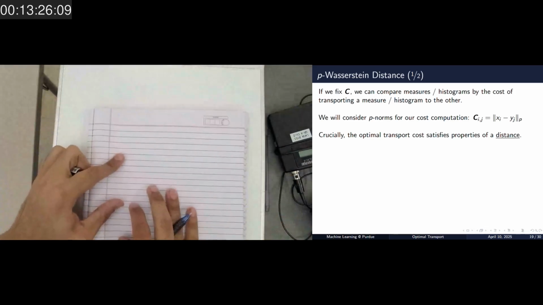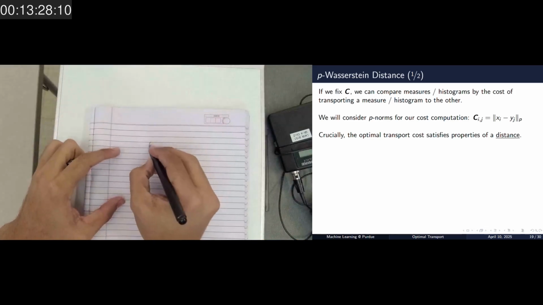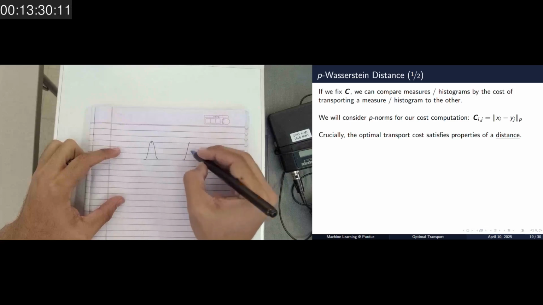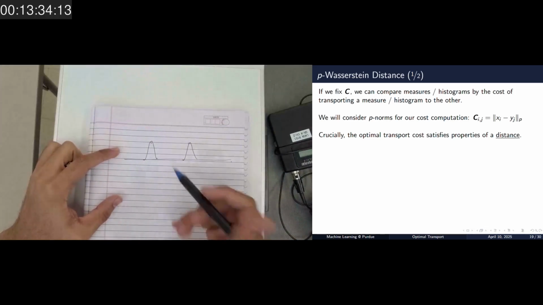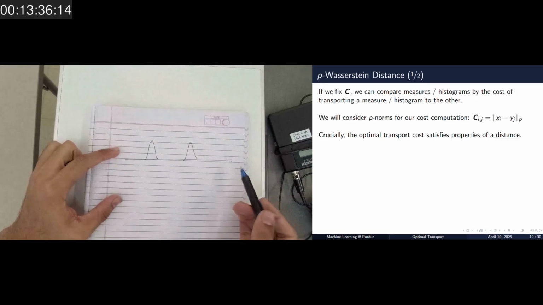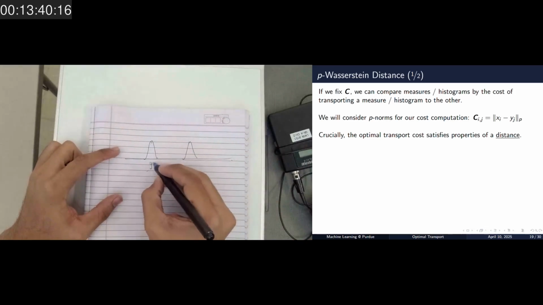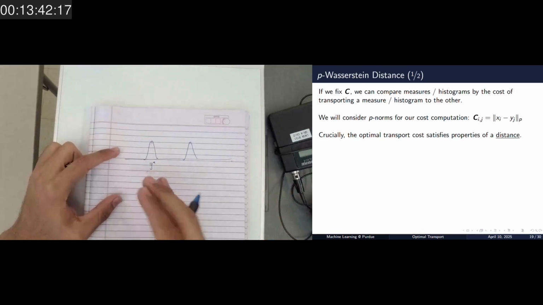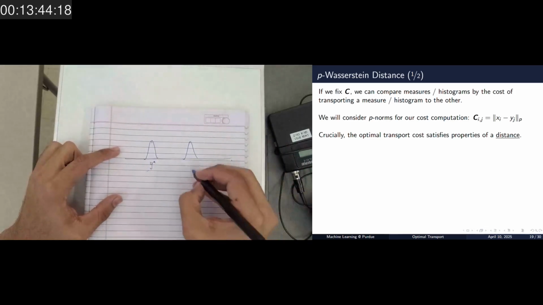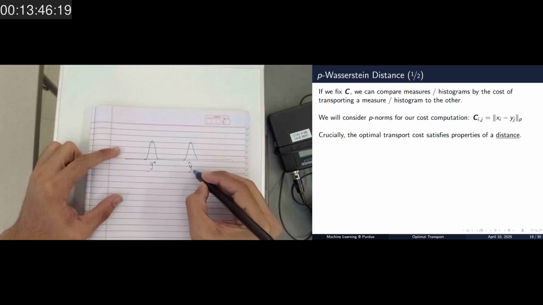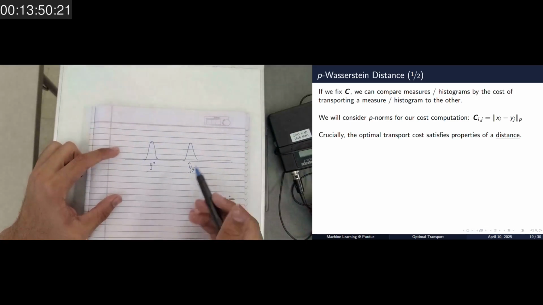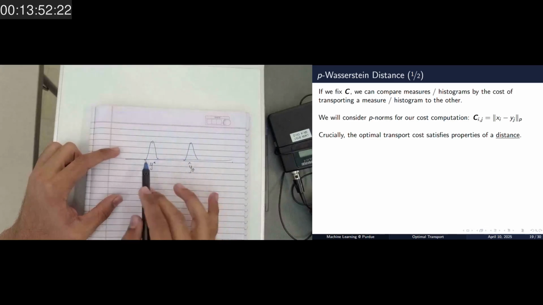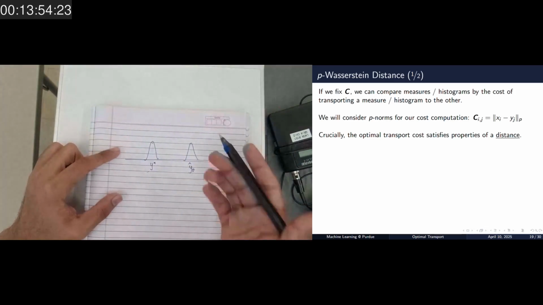So for example, you have two piles of sand again, and you want to identify how close these two are. Or maybe a more practical example, you have some y star, some target distribution that you are trying to replicate using some deep neural network, and y hat, which comes out of some neural network theta. You want to identify how close these two are to each other.